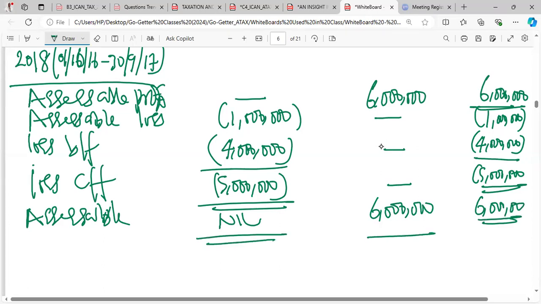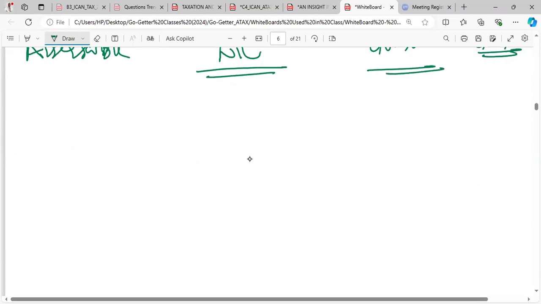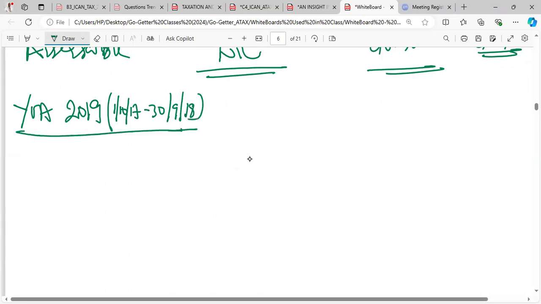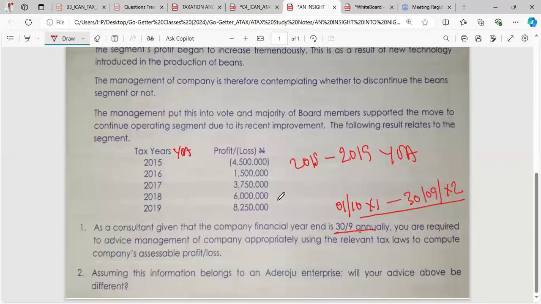So we go to the last year, 2019. Year of assessment 2019. Basis period, 1st of October 2017 to 30th September 2018. Of course, rice didn't do anything. Beans had 8,250.